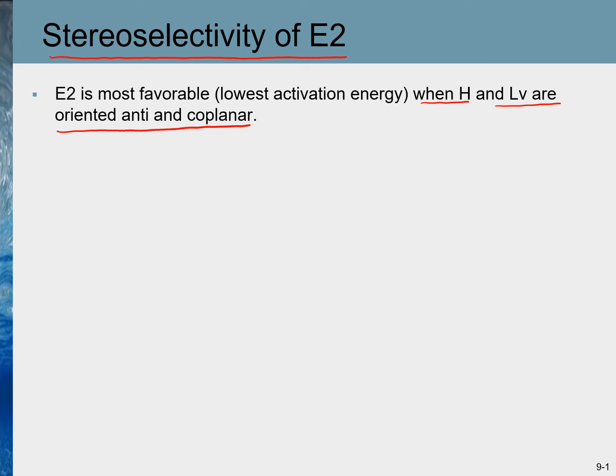As we know, in elimination reactions, we have a leaving group at the alpha carbon. So for example, if this represents my alpha carbon, I must have a leaving group at the alpha carbon. So maybe this is my leaving group. And I would need a hydrogen at the beta position. So this is my beta carbon.